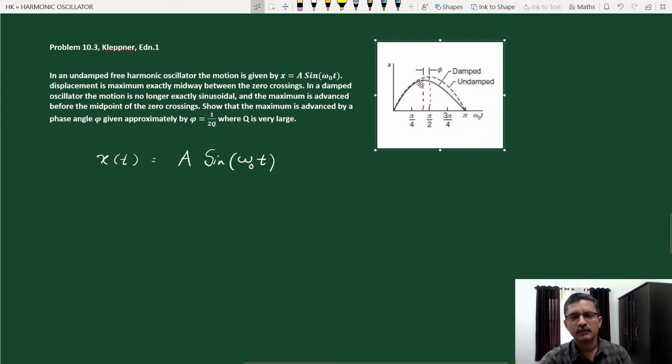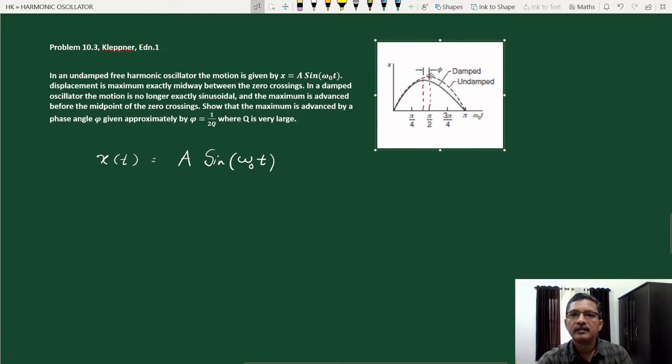Since the amplitude is exponentially decreasing, the maximum occurs even before the midpoint of the zero crossings. That is why we say the maximum is advanced. It occurs earlier than in an undamped oscillator. You can see here it's drawn to a larger proportion, and the maximum occurs at this point.